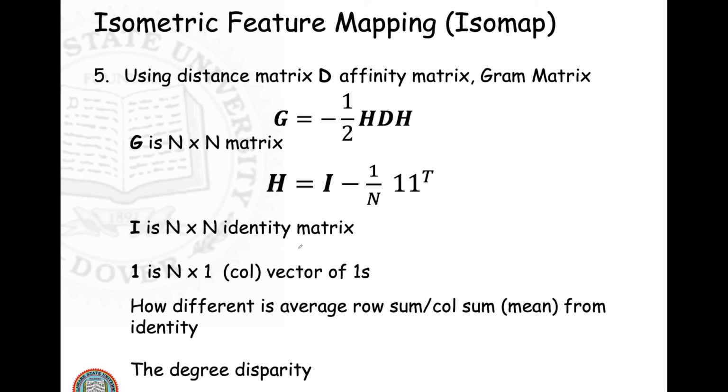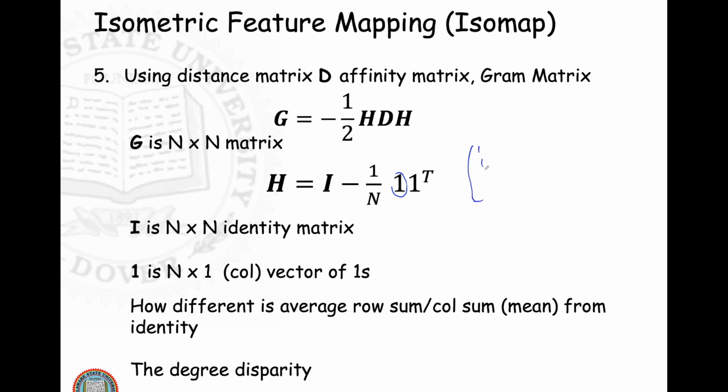So then we have this transformation. We have this H that left multiplies our connectivity, and we have this H that right multiplies. So what is this H? This H takes the identity matrix, and it subtracts off the following. Here we have a vector of ones, so this is a column vector.